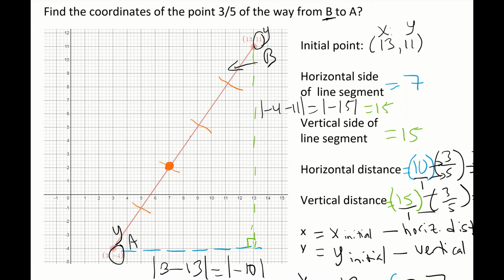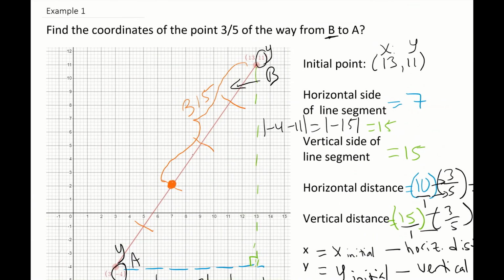And that's 5 pieces, roughly 5 equal pieces: 1, 2, 3, 4, 5. And if you look at this, this right here is 3 pieces away from B. And so that's going to be 3/5 of the way from B to A. And so we did this correctly. This is the way you can check your work.